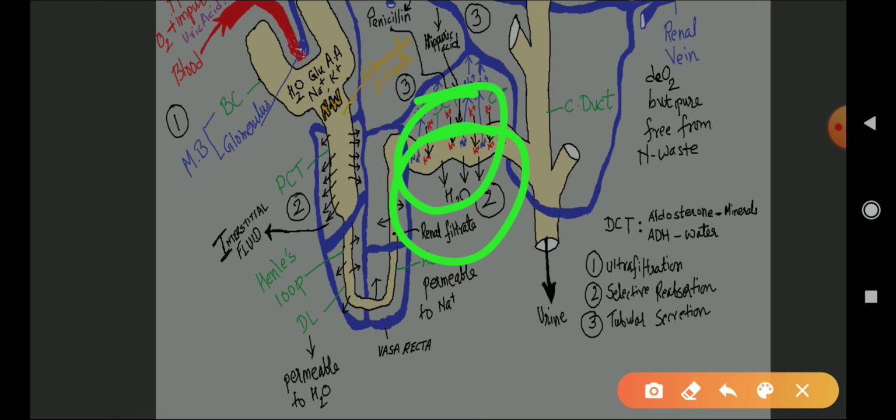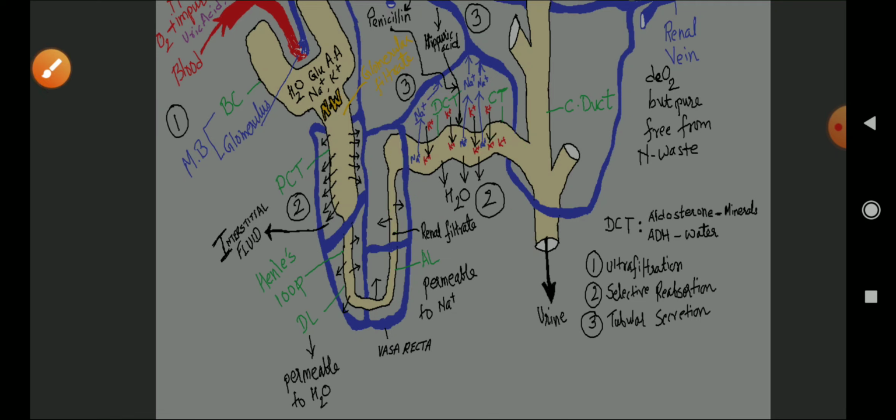So this is selective reabsorption, and afterwards the third step begins, that is tubular secretion, that is secretion from the peritubular capillaries, because the peritubular capillaries also release certain substances which are being dragged into the blood. From there it requires to come back into the tubules of the nephron for the further formation of urine. That is the third step, tubular secretion.